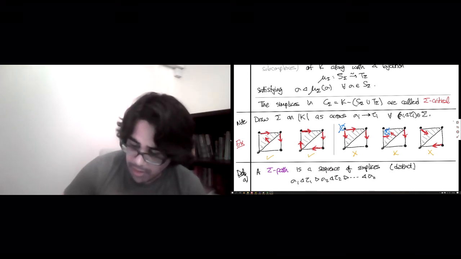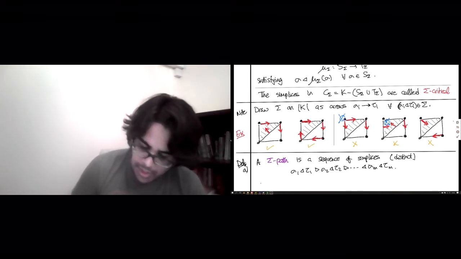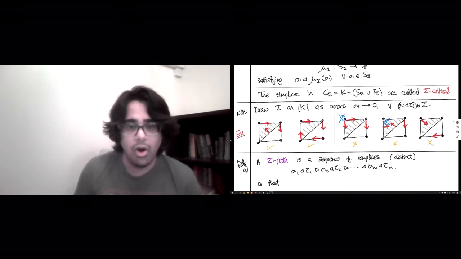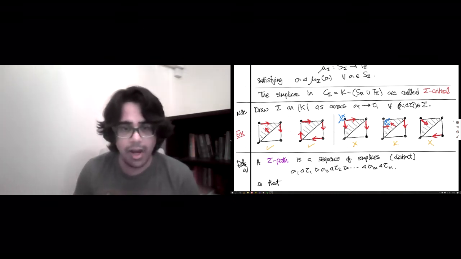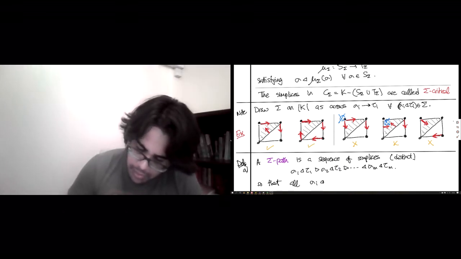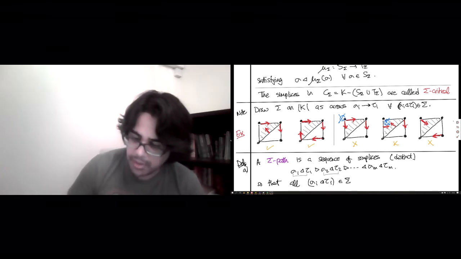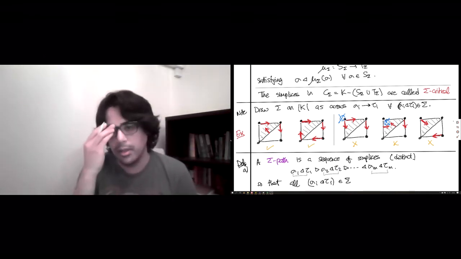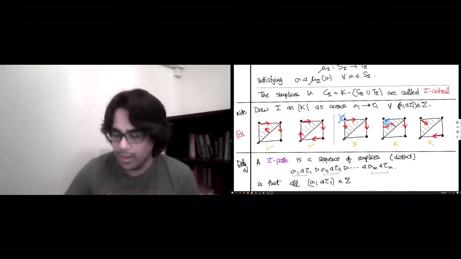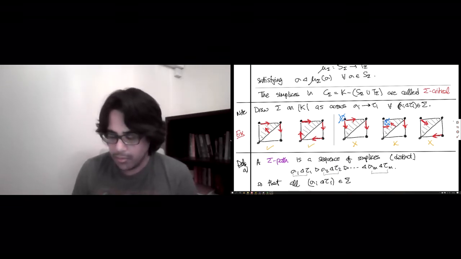Sigma m, let's say there's m pairs in the sequence, so that all the sigma i tau i's are in the matching. Which is to say that this pair is in the matching, that pair is in the matching, and that last mth pair is in the matching, which forces the tau 1 sigma 2, for example, they cannot be paired by our requirement that mu is a bijection. So that's a path.